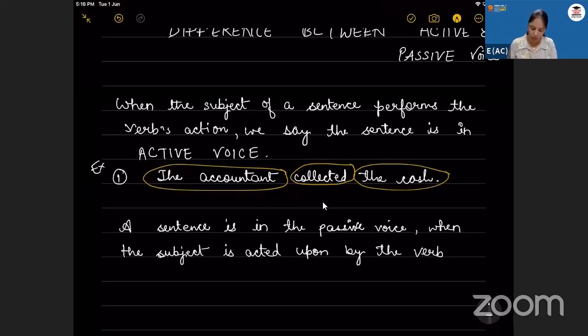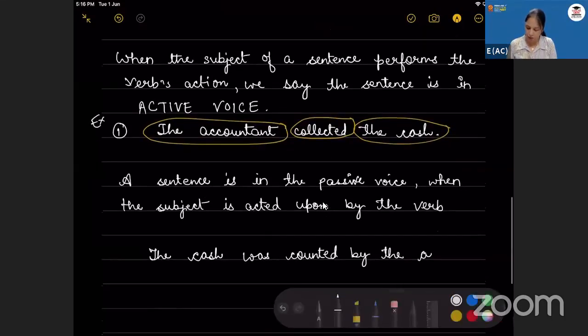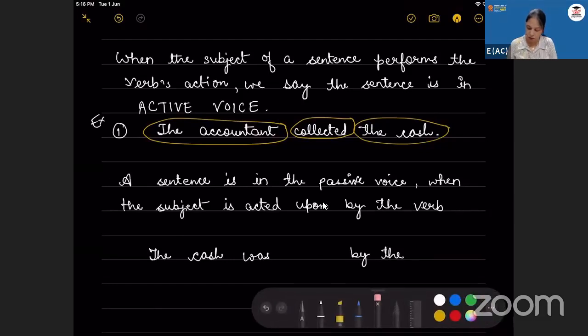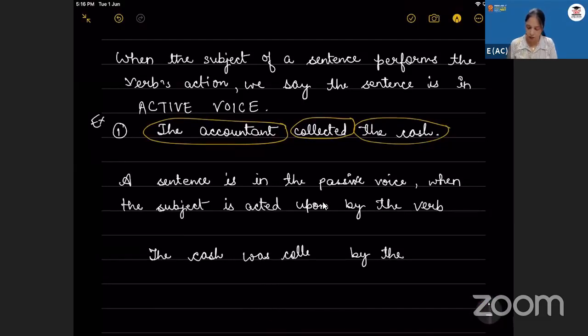The same way we'll take: the cash was collected by the accountant.